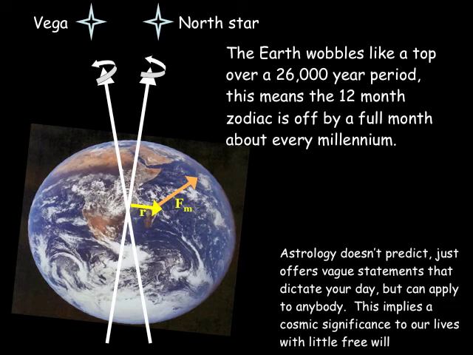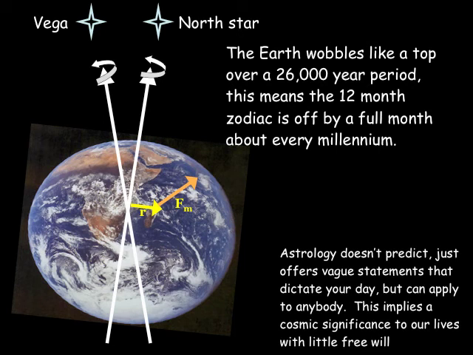This has significance to astrology. 26,000 years means that the 12-month zodiac signs is off by a full month about every 2,000 years. So 26,000 divided by 12 is a little bit over 2,000. So about every 2,000 or every 2 millennia, every 2,000 years, the constellations in the zodiac are shifted one full constellation. There are 12 zodiac signs.